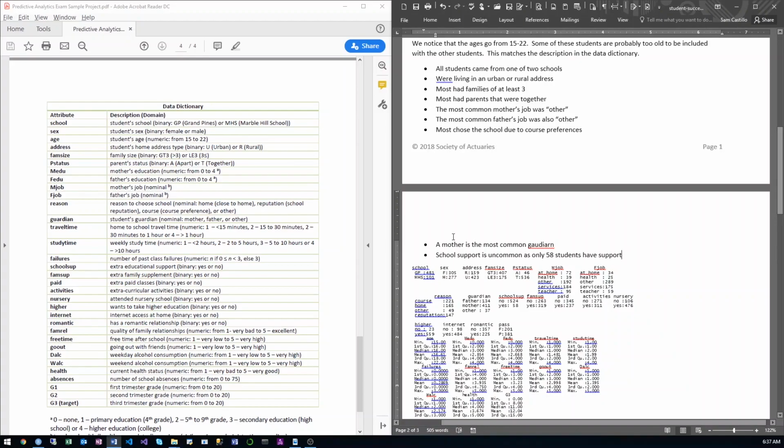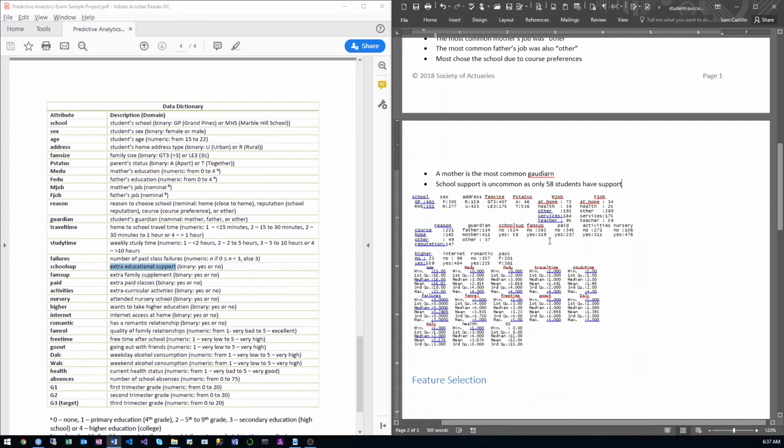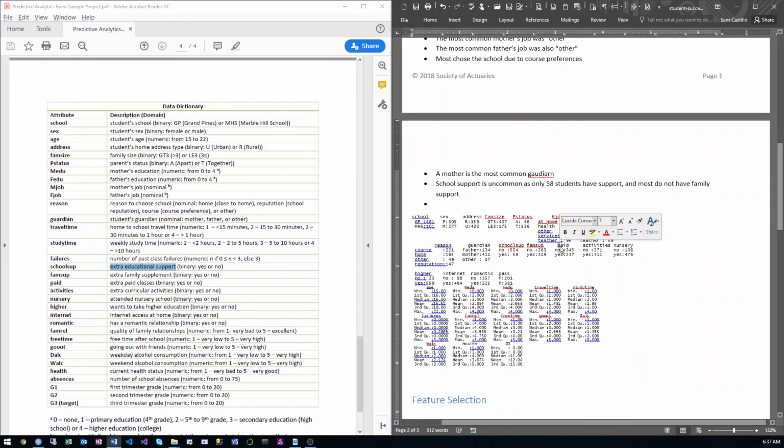And what is school support? It is extra educational support. Family support. Paid. What is paid? Paid is extra paid classes. Activities: about half of the students participate in after school activities or extra activities.